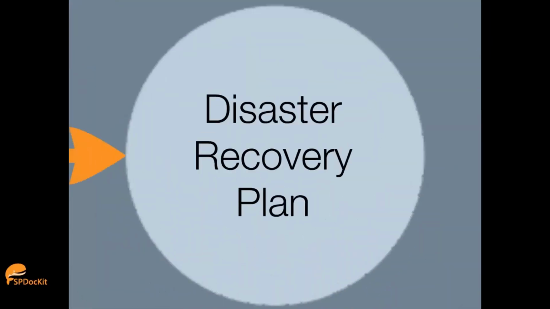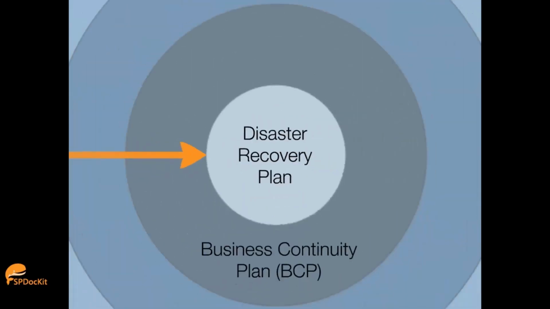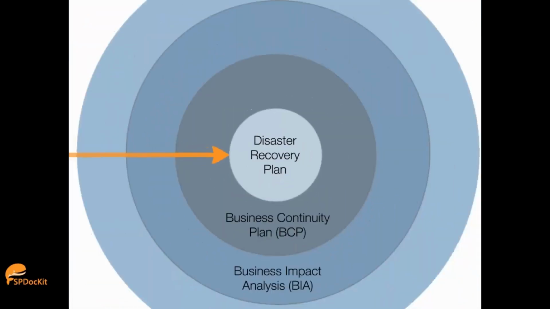So many folks think that the disaster recovery plan is the starting point. You get tasked with creating a disaster recovery plan, and so you want to go and do it. Well, from a strategic perspective, the disaster recovery plan is the end point, because no disaster recovery plan exists on its own. It really exists within what's called a business continuity plan, or a BCP. And of course, BCPs are driven from what are called business impact analyses, BIAs.